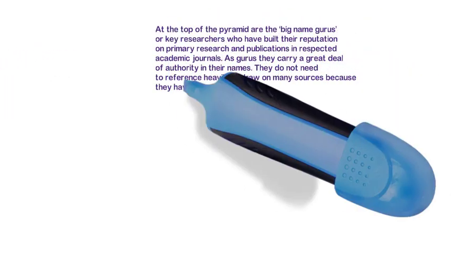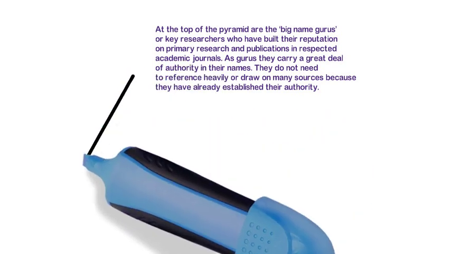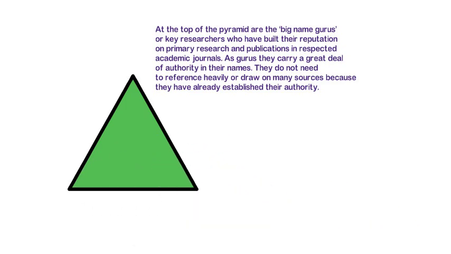At the top of the pyramid are the big name gurus or key thinkers who have built their reputation on primary research and publications in respected journals or through publishing scholarly books. As gurus, they carry a great deal of authority and they don't need to reference heavily. So if you're at the top of the pyramid, you don't need to reference heavily because they've already established their authority.